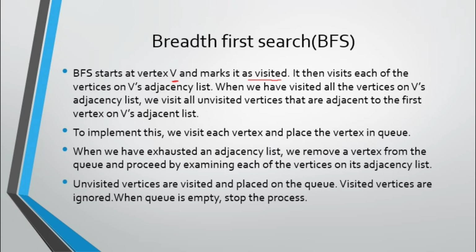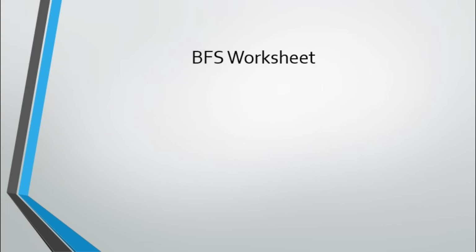So let us understand. We can take the same example which we have taken for the depth first search, and we can continue with the concept. Same graph which I took for the DFS, I'll explain using it, and I'll also explain the second concept, that is breadth first search.